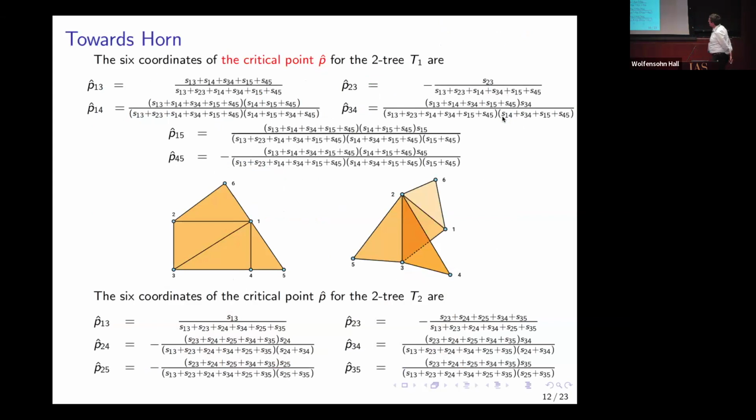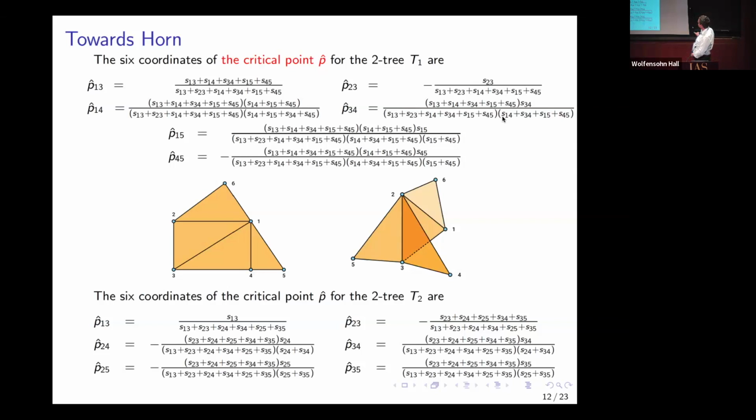Now let's examine the formula. Let's look at our two examples, this one and that one, and actually write down the unique critical point. In each case, I'm going to write the 6 coordinates p hat for the unique critical point. Here, p1,3 hat is the 1,3 coordinate written in Mandelstam invariants at the critical point.